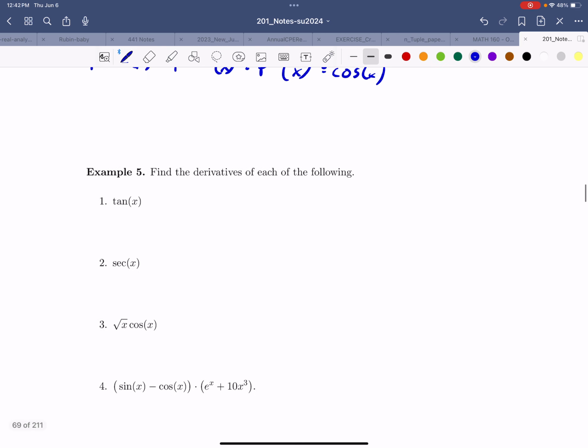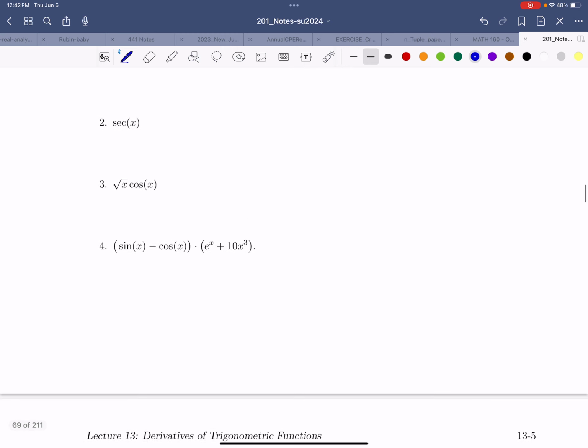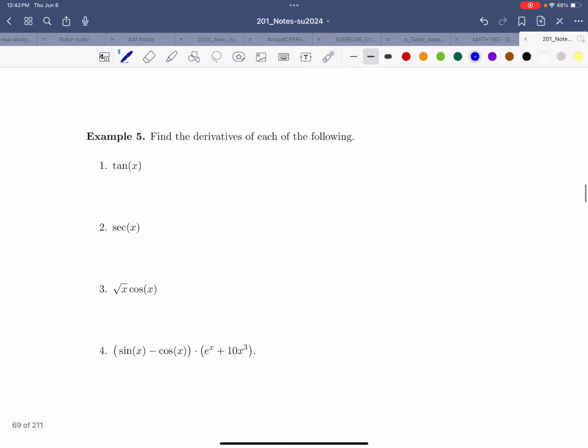All right. So anyway, let's find derivatives of each of the following. Tangent, okay? So the derivative of tangent is the same as the derivative of sine over cosine. Because we don't know anything about tangent, but we do know the derivative of sine, we do know the derivative of cosine, and we do know the quotient rule.